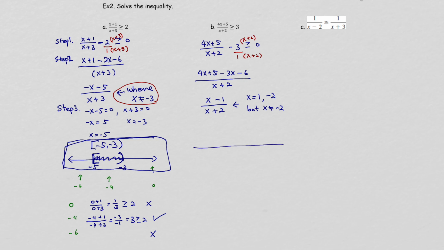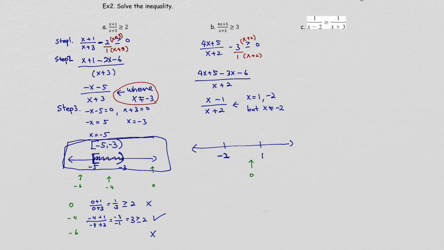So let's do -2 on the left side, positive 1. Because I already know the boundary points, whichever area works, the other will not work, right? And I like to use the easy value, which is going to be 0. And 0 should be somewhere right here, right?